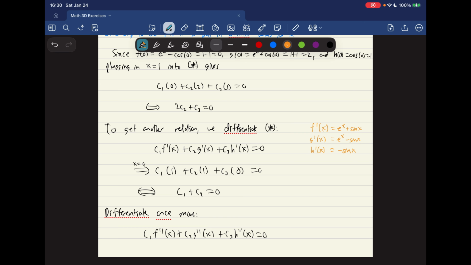And now computing the second derivatives, I'm going to get e to the x plus cosine x. G double prime is going to be e to the x minus cosine x. And h double prime is going to be negative cosine of x.